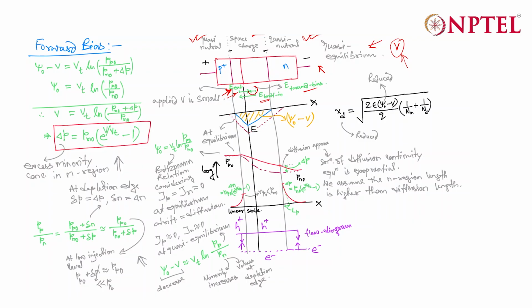So if you draw the electric field, that is the forward bias electric field, you will find that the forward bias electric field will be a bit less than that of the equilibrium condition. So here first I have shown the electric field in equilibrium condition using this dotted line, and then I also have drawn the forward bias electric field with this blue line.